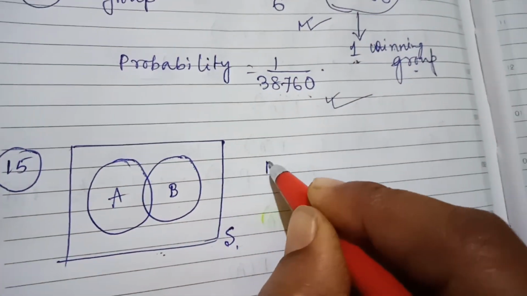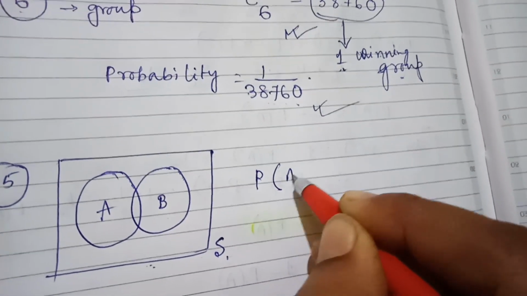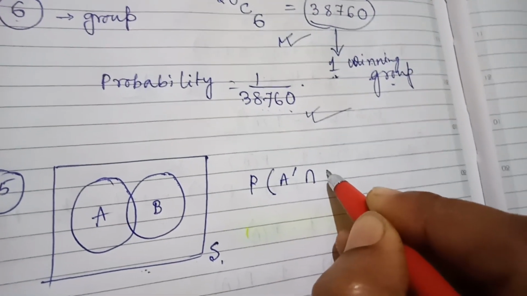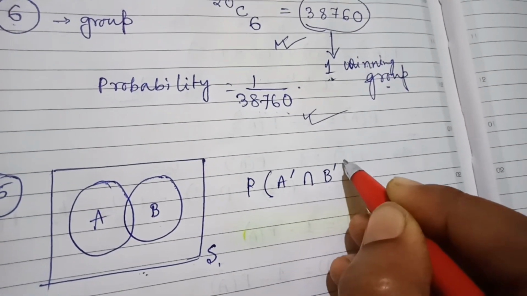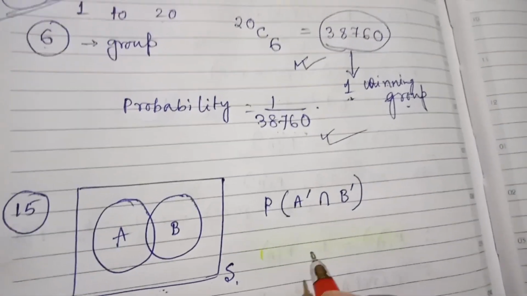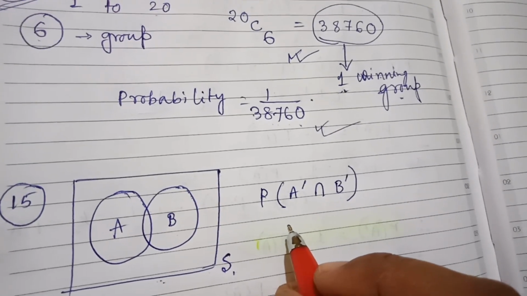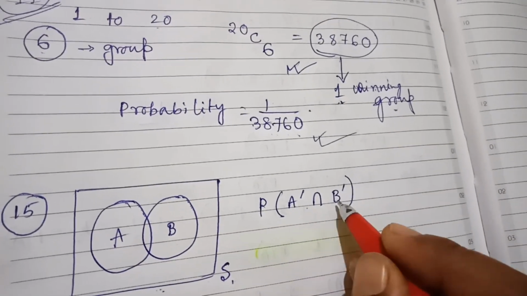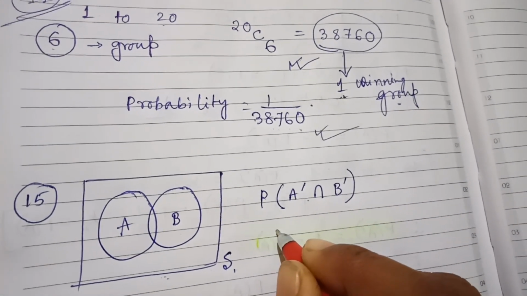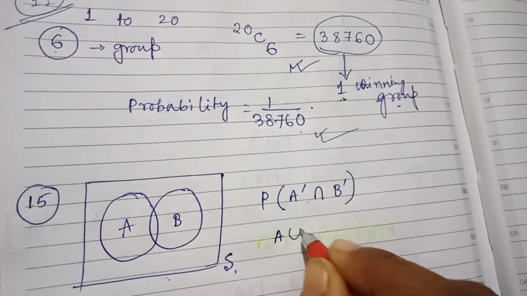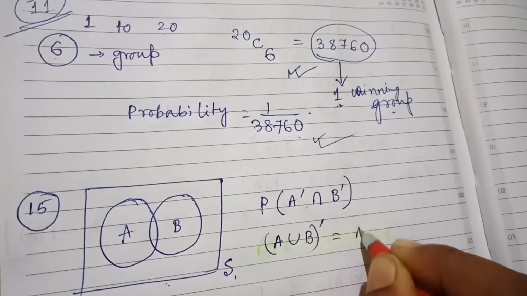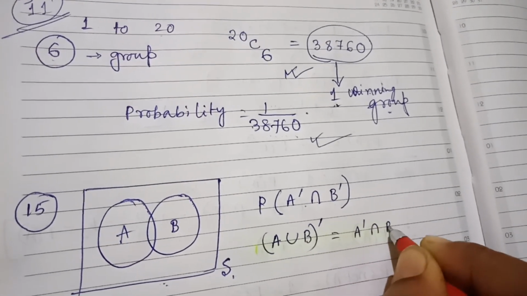Now we have to find P of not A, that means A dash, and not B, that is, not A intersection not B. Before we find it, we will write one thing: A union B's prime is equal to A prime intersection B prime.